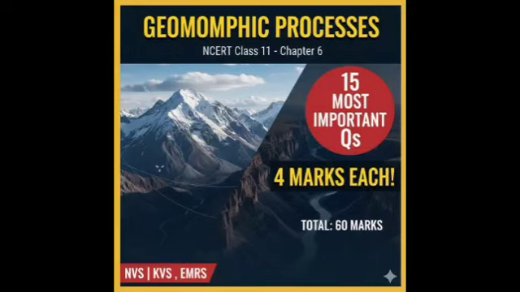Soil is very crucial because it provides water, nutrients and physical support for all plant life, sustaining the entire terrestrial ecosystem. Question number 13. Discuss the influence of parent material and time as factors controlling soil formation.